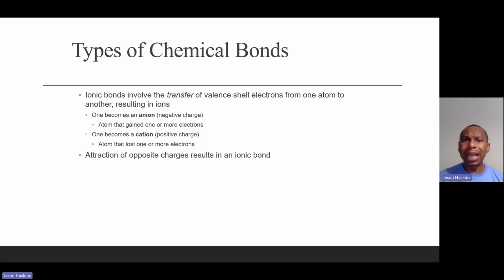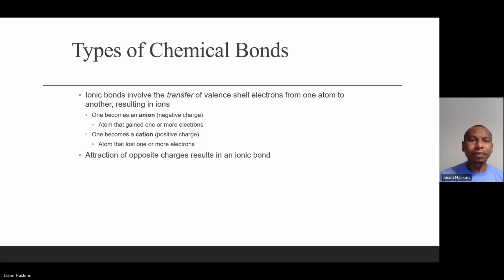Sodium, Na, is one electron over where it needs to be, where chlorine is one electron away from where it needs to be. They come together, they decide, hey, I'm going to give and I'm going to receive an electron. They bond together, creating what we call an ionic bond.